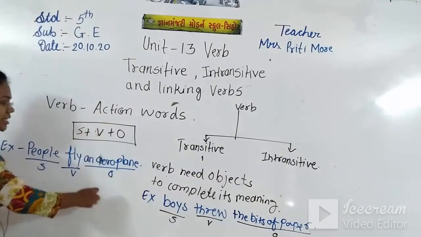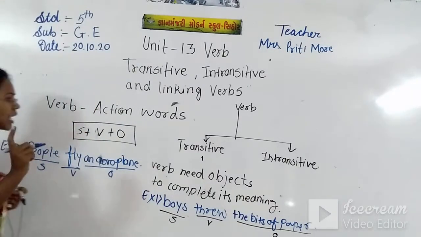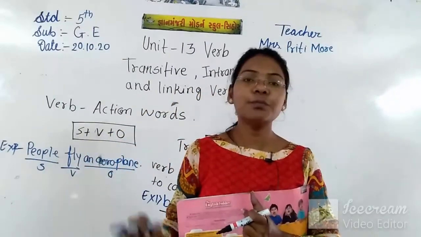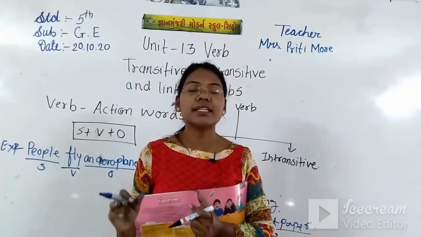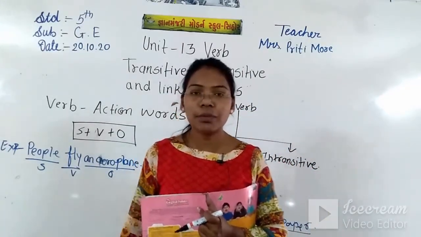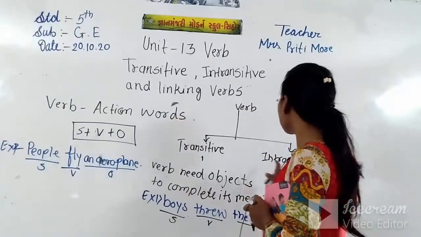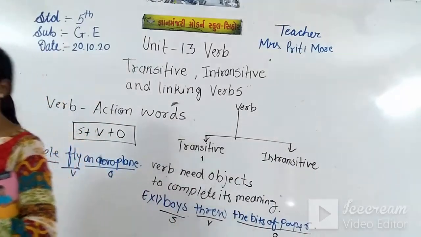So this is the first example and this is the second example of a transitive verb. Basically, a transitive verb needs an object to complete its meaning. Without an object it looks incomplete. So you just note this down, then we will see the intransitive verb, what an intransitive verb is, with an example.